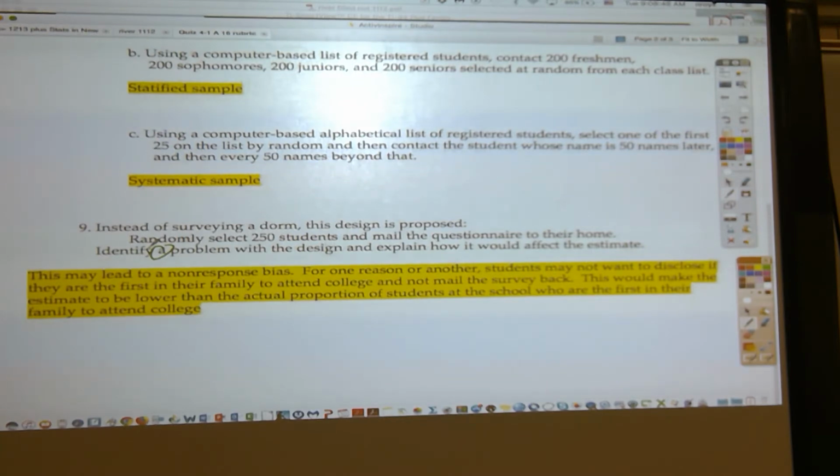I know, but the question is asking, what is the problem with the design? Yeah. So it's asking what is the designer's problem, am I right? Yeah, you know what, what you pointed out is that even non-response bias is a response bias.